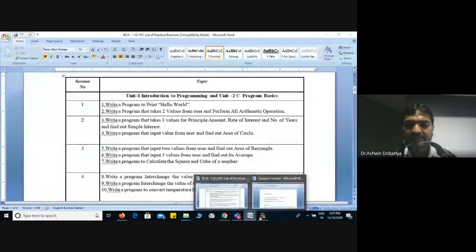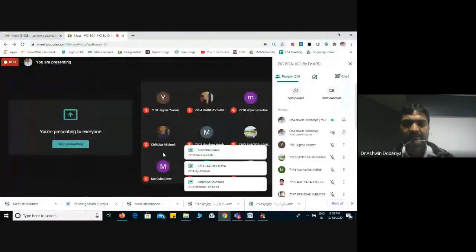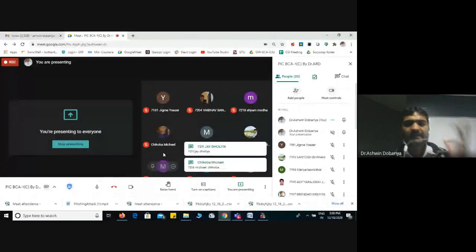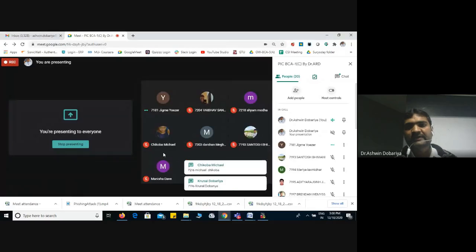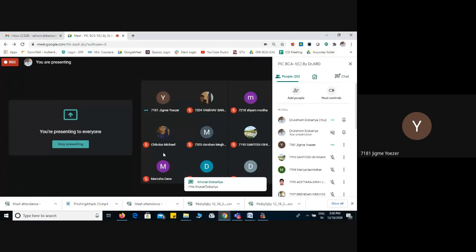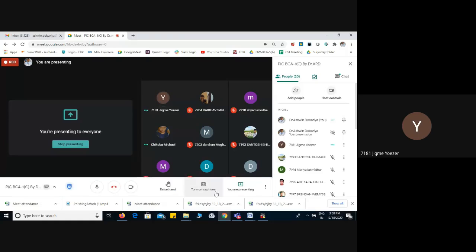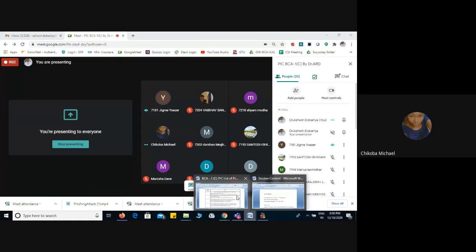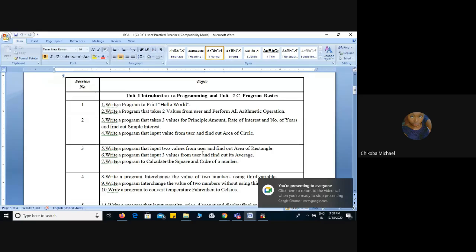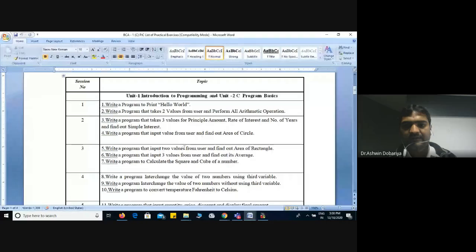Who remembers which practicals we saw in our last practical, most probably on Saturday? Yeah, Jimmy. We were on five: write a program that takes two inputs from the user to find the area of a rectangle.